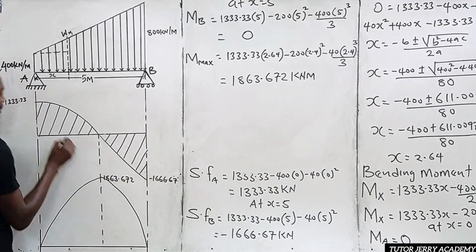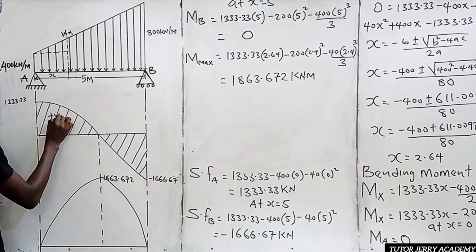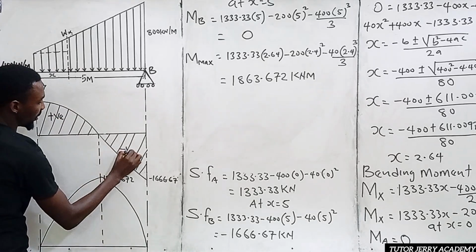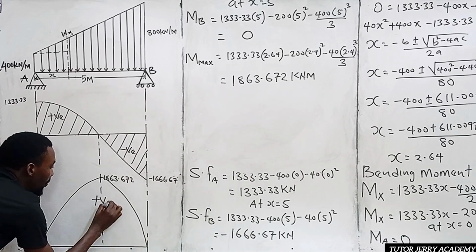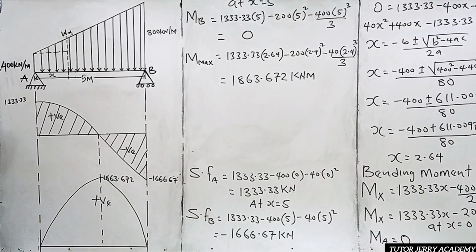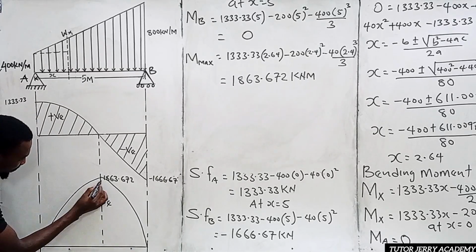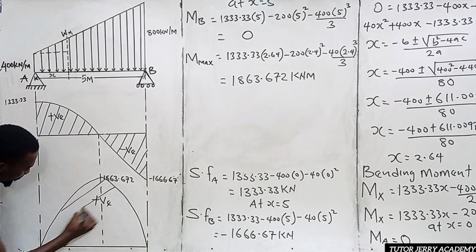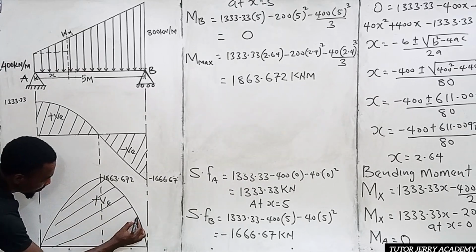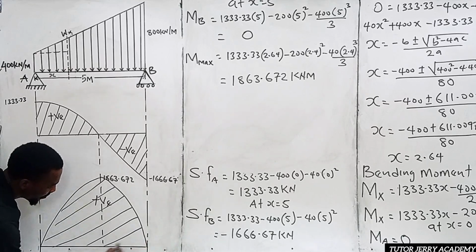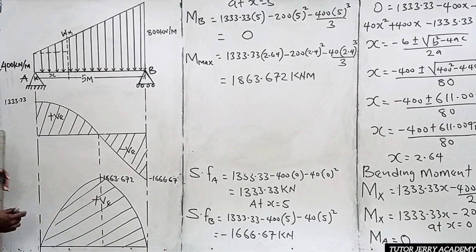All right. So this is positive, while this is negative. Yeah, this is positive all through. All right. So let's sketch. All right. So that's it.